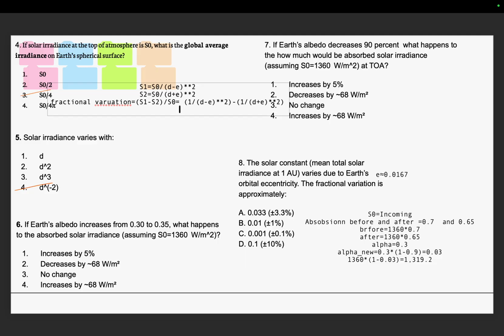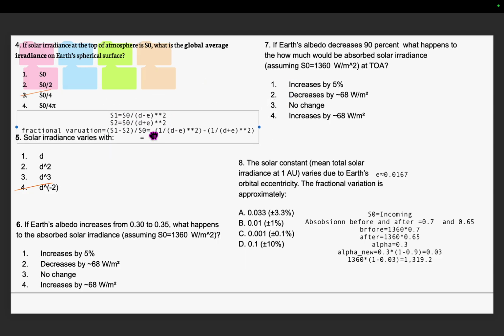You know how to solve this kind of equation. You have to take common 1 by d square from the two terms.